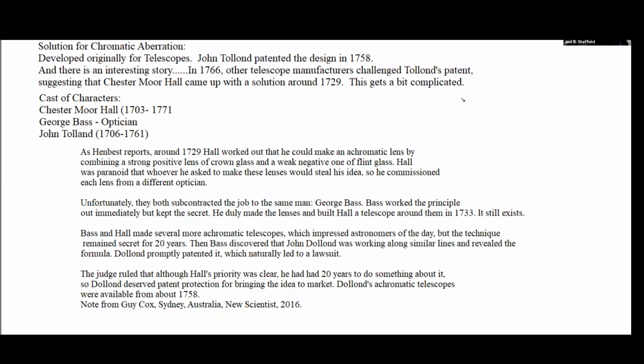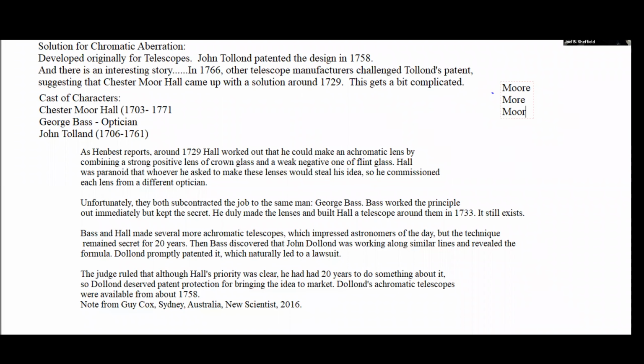It's either Chester Moore Hall or Moore Hall, so looking up this man to try to get some information about him turns out to drive all the search engines crazy. And it turns out there just isn't an awful lot about him.